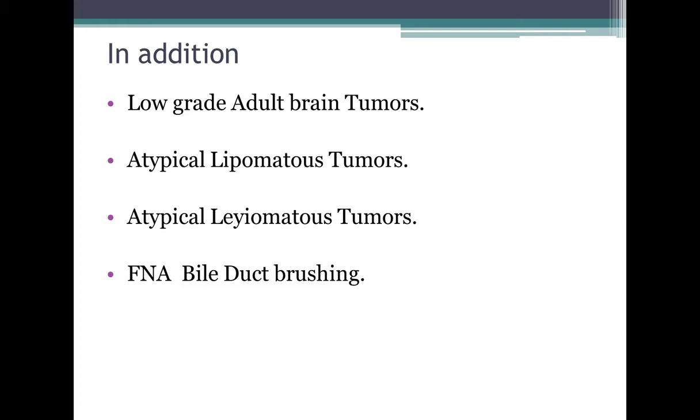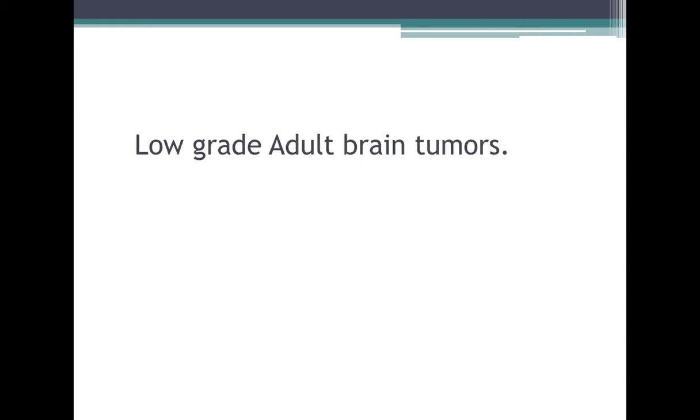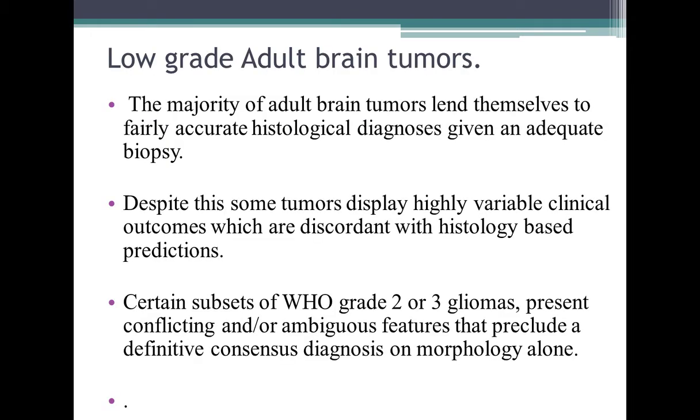More recently, we have started to evaluate bile duct brushing FNA samples and see how we can use OncoScan FFPE in evaluating these sample types. I'm just going to go over quickly a couple of additional surgical pathology cases we are evaluating and helping our surgical pathologists.